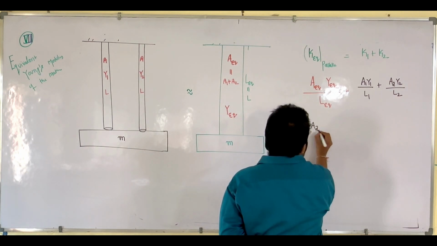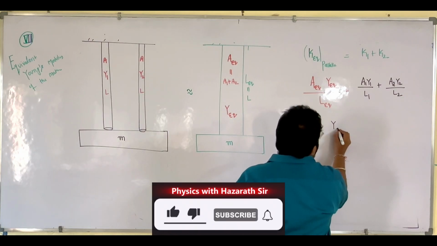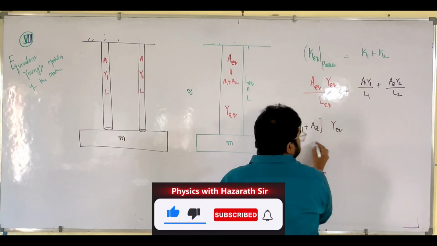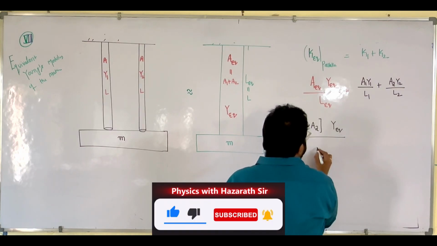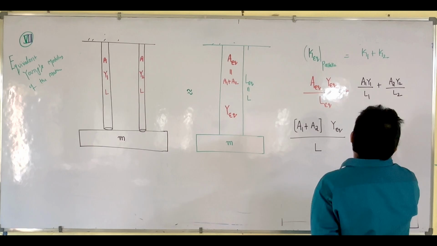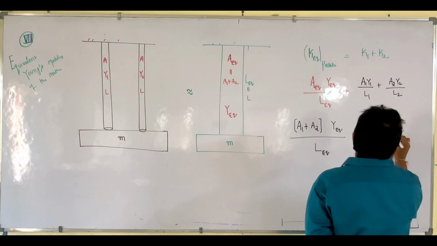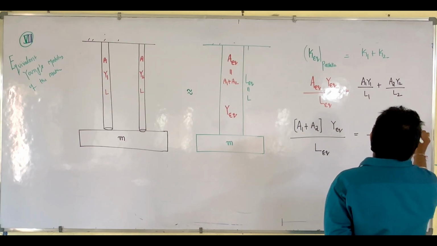A1 plus A2, and L equivalent is nothing but L. So (A1 plus A2) Y equivalent by L equals A1 Y1 by L1 plus A2 Y2 by L2.